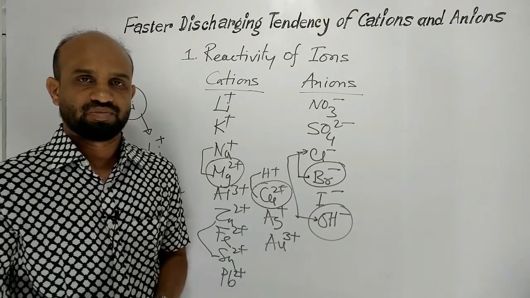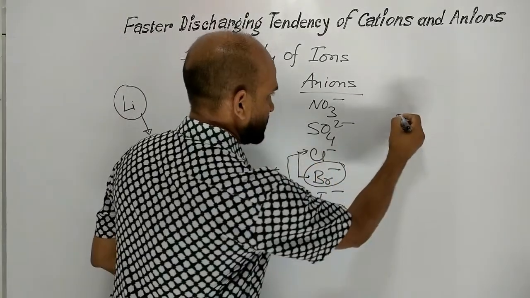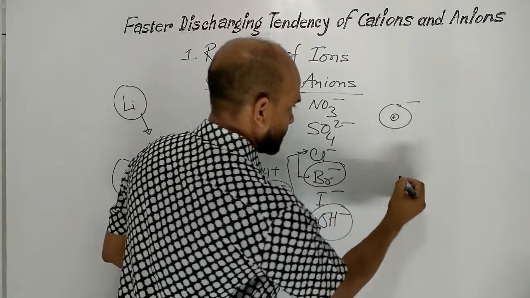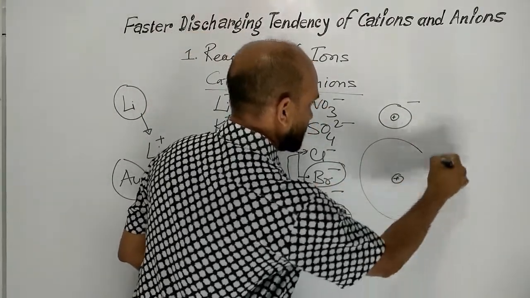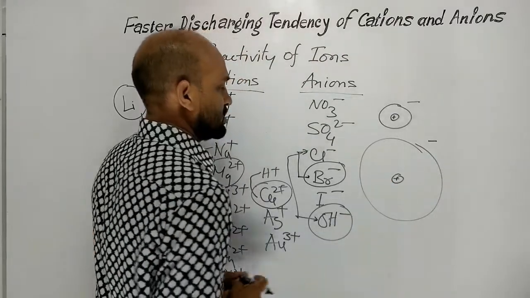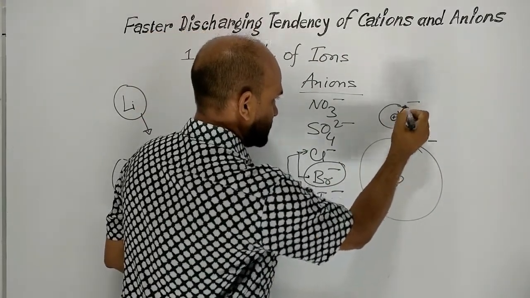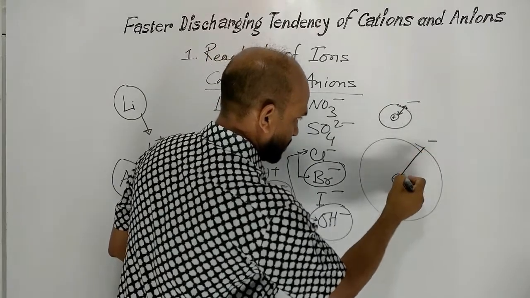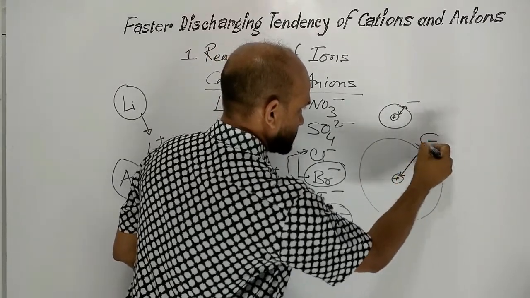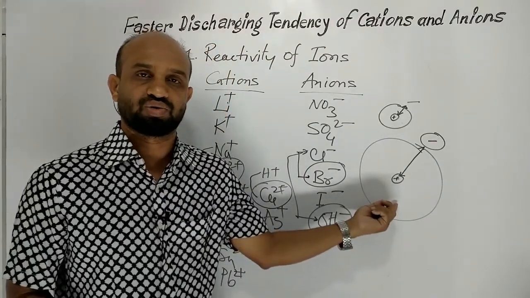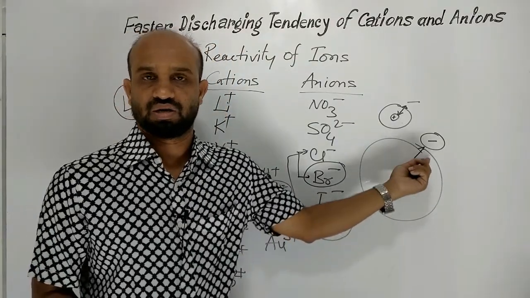Let's clarify the matter. Chloride ion is smaller in size, but iodide ion is bigger in size. For chloride ion, this electron is strongly bonded, but for iodide ion, this electron is loosely bonded because of the long distance between nucleus and electron.